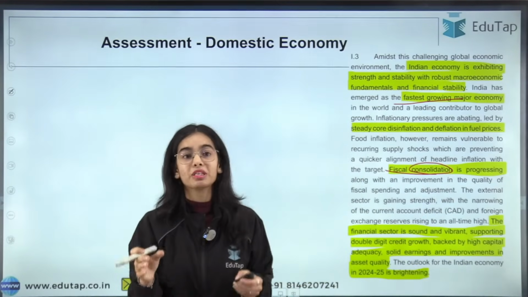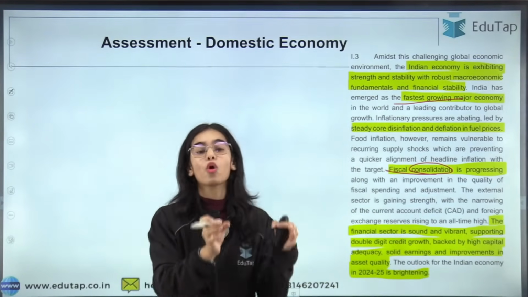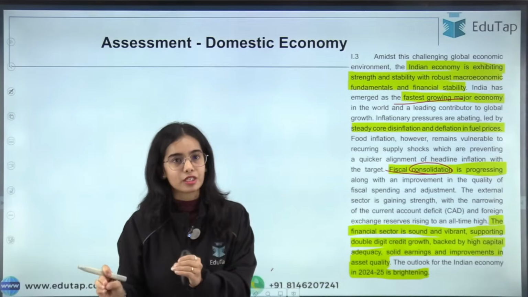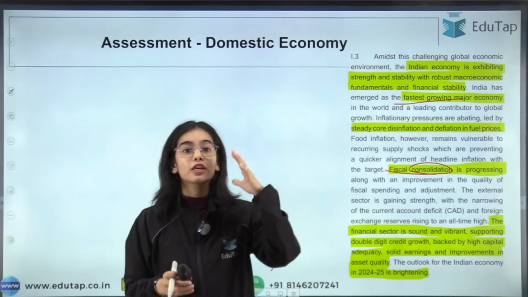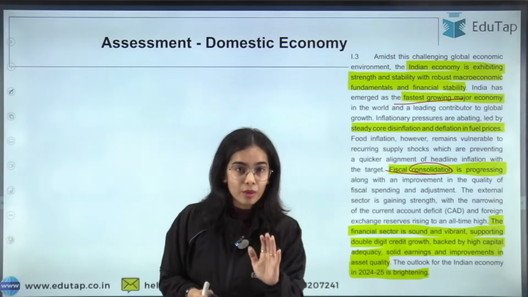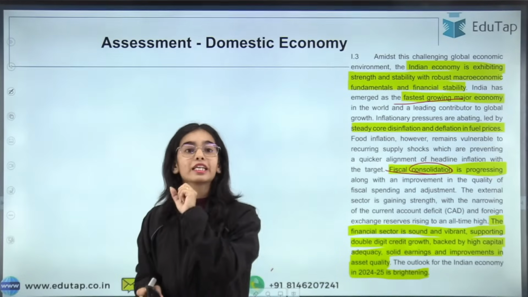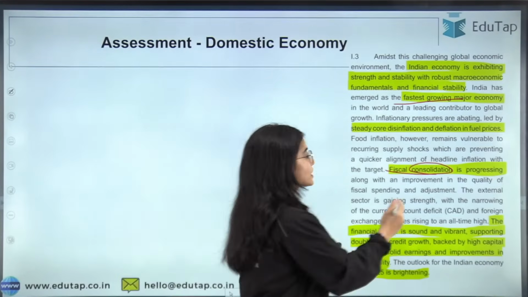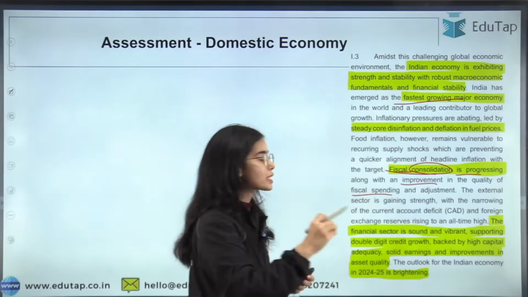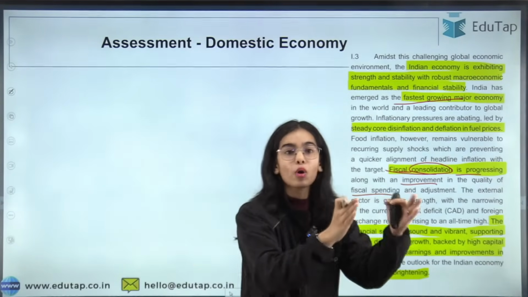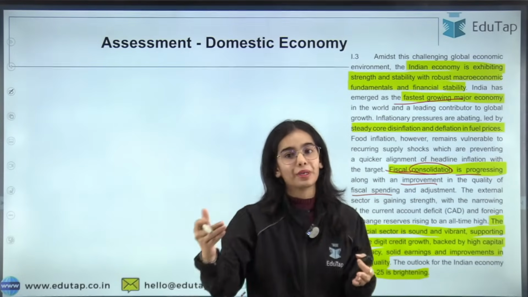Fiscal consolidation means that our government is now focusing on reducing the fiscal deficit. We'll understand what the fiscal deficit is, but you can understand that our government is focusing on reducing the borrowing requirements, reducing the deficit of the government. Fiscal consolidation is progressing along with an improvement in the quality of fiscal spending, where we are focusing on spending more on capital expenditure.